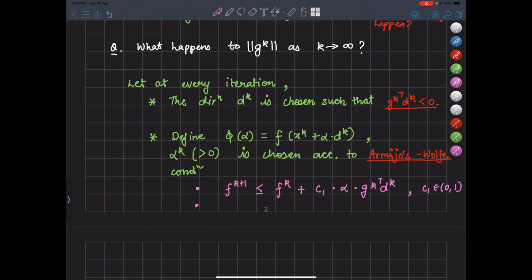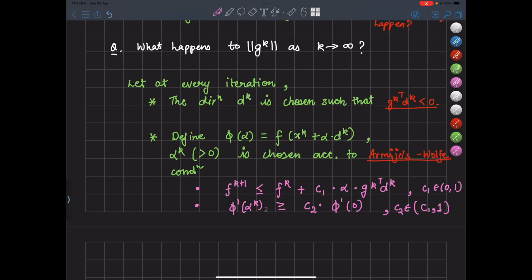What was Wolfe's condition? Wolfe's condition was that the derivative of phi at alpha k should be greater than or equal to c2 times the derivative of f at xk, where c2 belongs to the range c1 and 1.